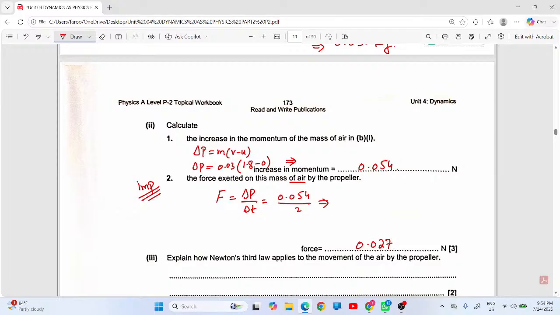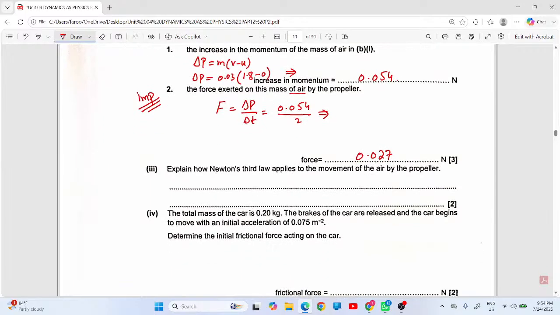Explain how Newton's third law applies to the movement of air by a propeller.